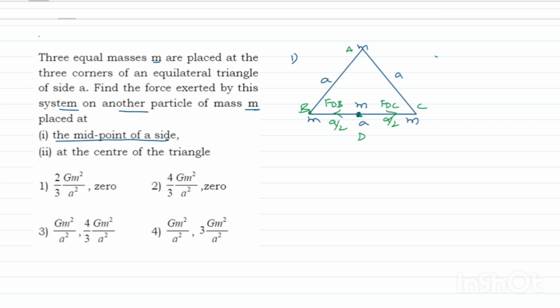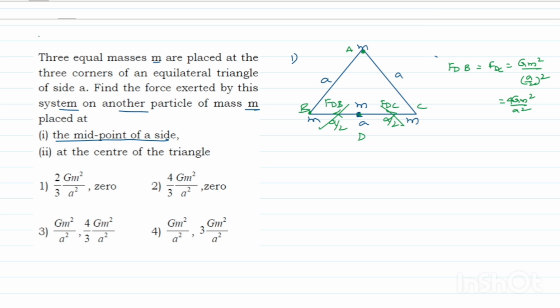So FDB is equal to FDC, which is G into M square by the distance of separation A by 2 whole square, which is nothing but 4GM square by A square. Both the forces have equal magnitude but are in opposite directions. These two cancel each other.